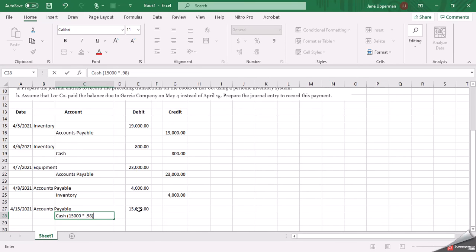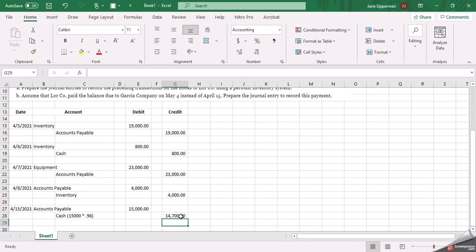That's the complement, think back to business analysis with algebra. If we save 2%, we're paying 98%. So let me use the calculator here. $15,000 times 0.98 gives us $14,700. So that's actually what we're paying.